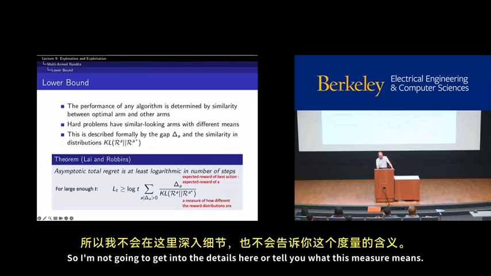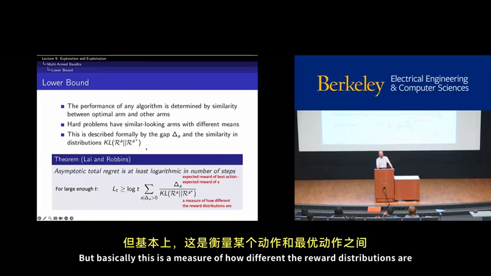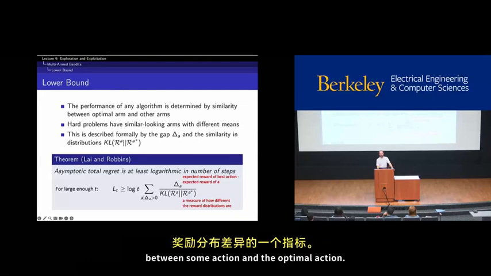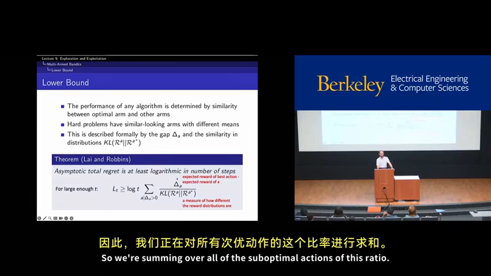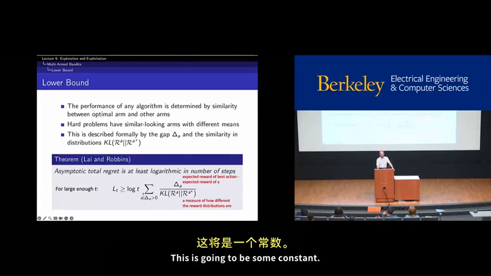I'm not going to get into the details here or tell you what this measure means, but basically this is a measure of how different the reward distributions are between some action and the optimal action, and this is how suboptimal the action is. So we're summing over all of the suboptimal actions of this ratio. This is going to be some constant.